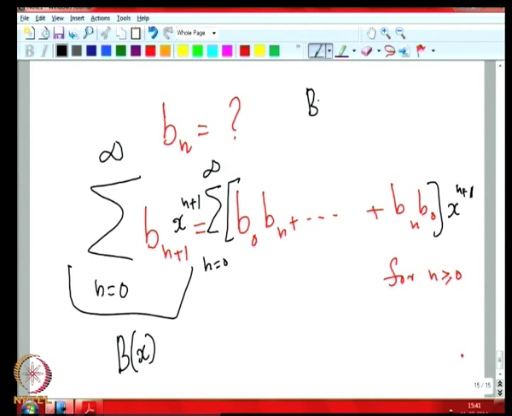So, let us define b of x equal to sigma n equal to 0 to infinity b n x raised to n.